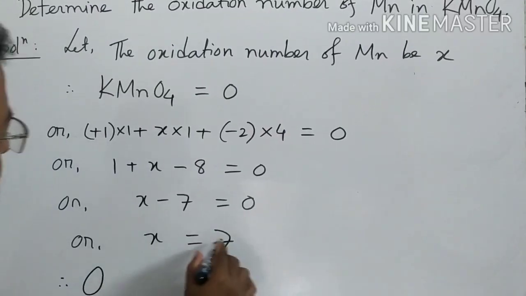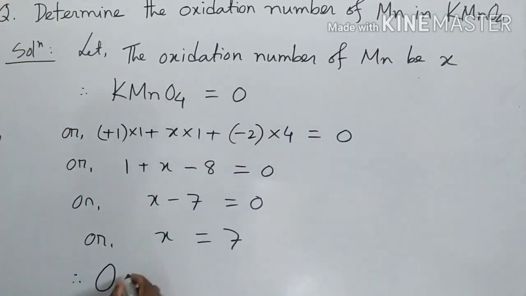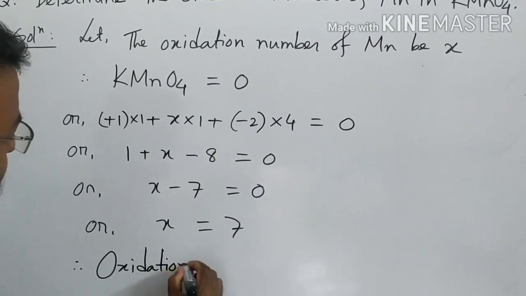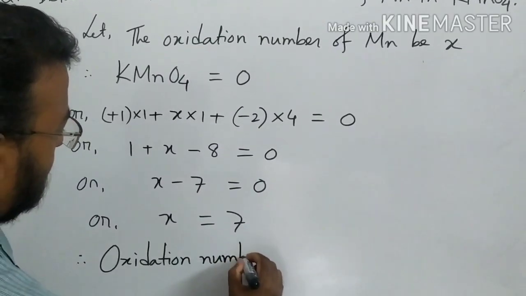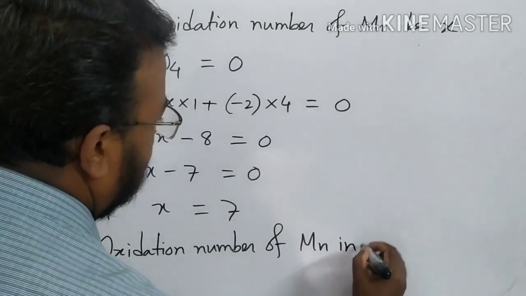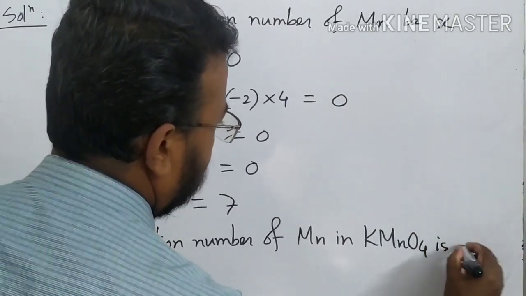So we have got the value of x, it is 7. We let the oxidation number of manganese be x. Therefore, the oxidation number of manganese in potassium permanganate is +7.